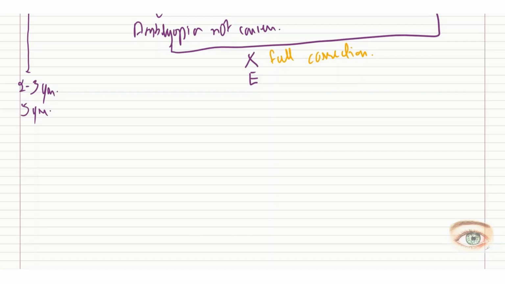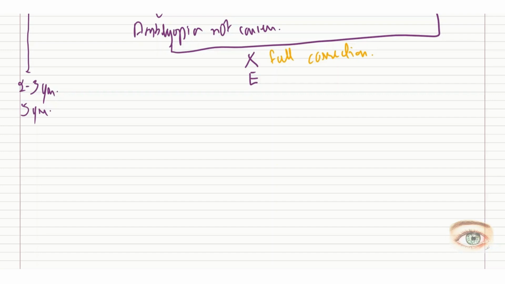For those of you who are thinking, why do we give full correction in myopes if they have an exodeviation? It is because the accommodative power is so high that the eyes deviate outward. So we give full correction, that is a concave lens, to reduce the accommodative effort, right?